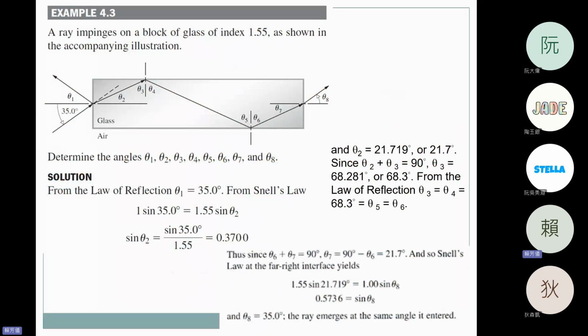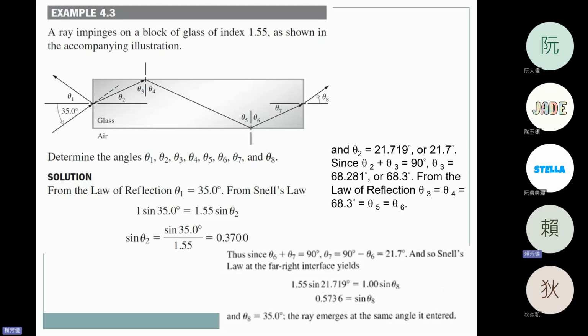Okay, another example here shows the phenomenon that the optical fiber actually also uses this property to transfer light to a very far place, helping us transmit images or any data over a very long distance.